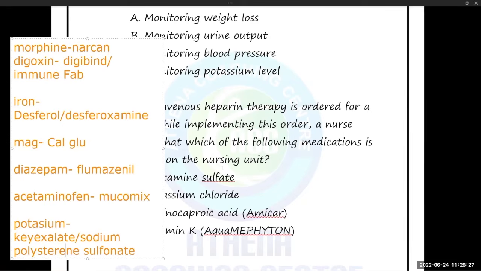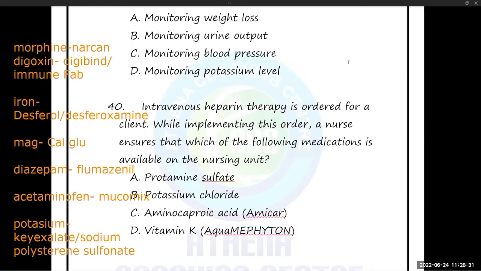And what is the antidote of lead? Dimercaprol.